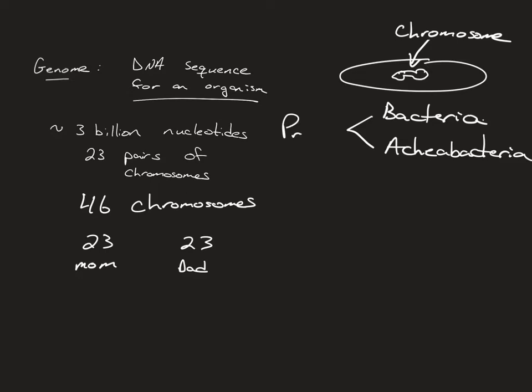What are prokaryotes? What does it mean to be a prokaryote? That's right. No nucleus or membrane-bound organelles. But they do have DNA. And they have these little things called plasmids. You can think of plasmids as little sections of DNA, small chromosomes.